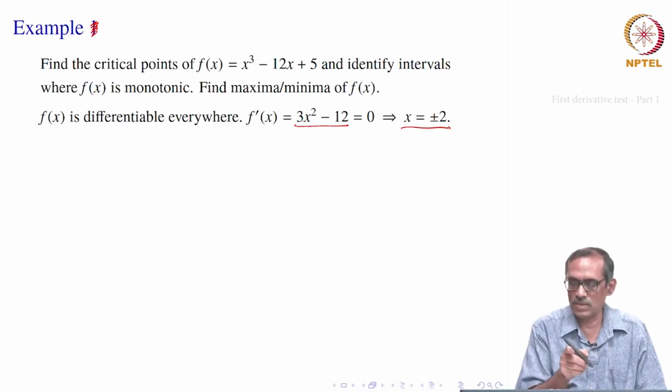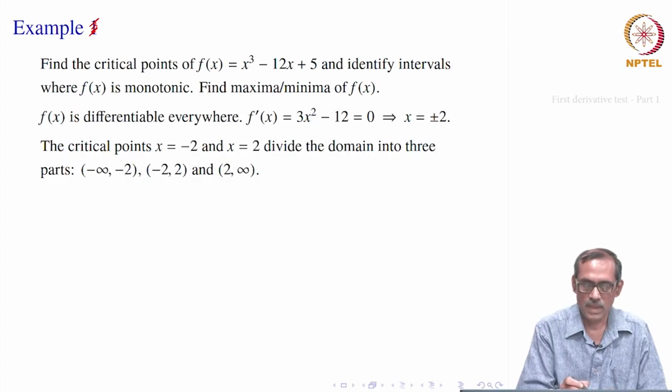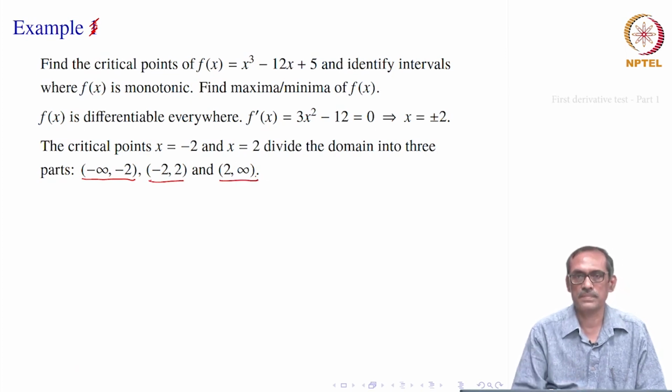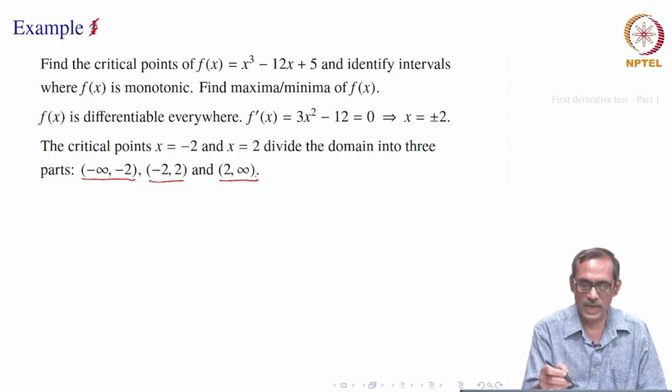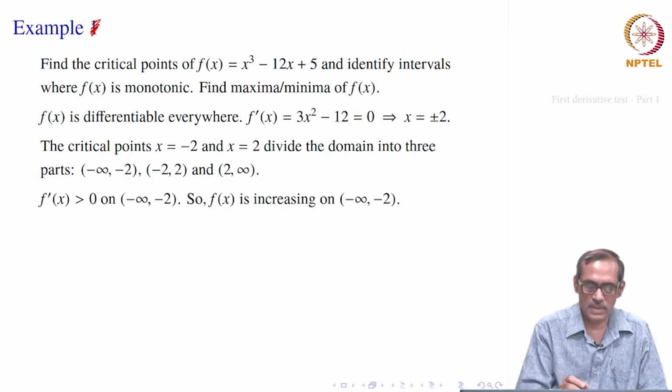Now, that divides the whole of R into 3 sub intervals, right. One is minus infinity to minus 2, another is minus 2 to 2, another is 2 to infinity. So, we are going to find out whether f prime has the same sign over all these intervals. If that is so, then it will be either decreasing or increasing on those intervals, leaving these 2 critical points, of course. Now, what happens?